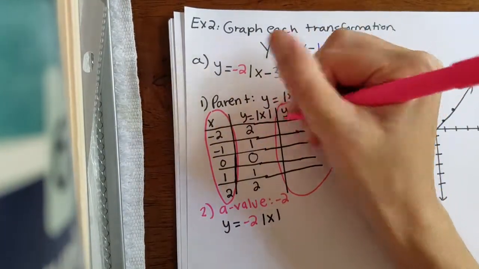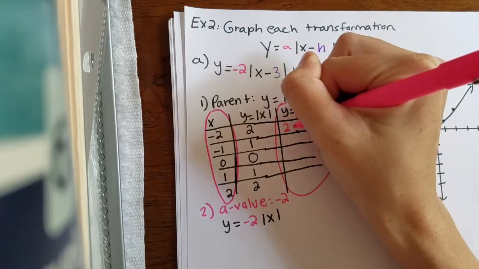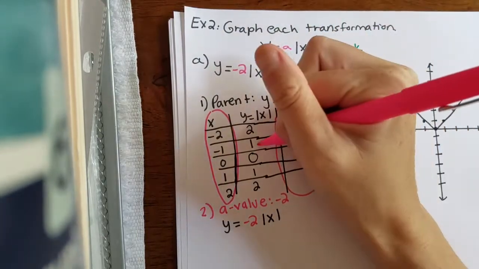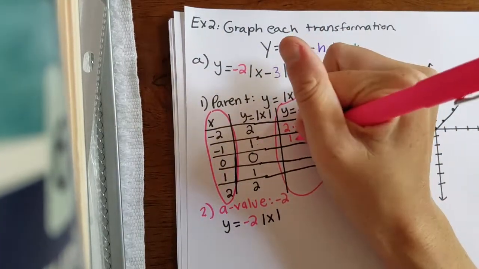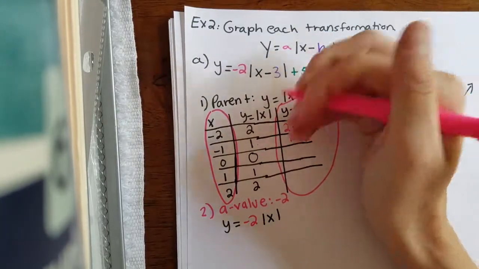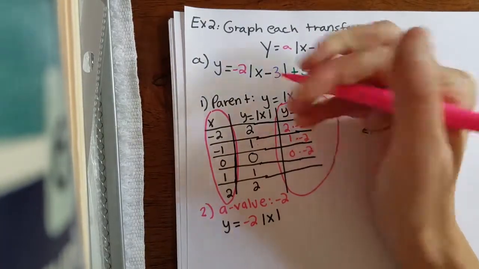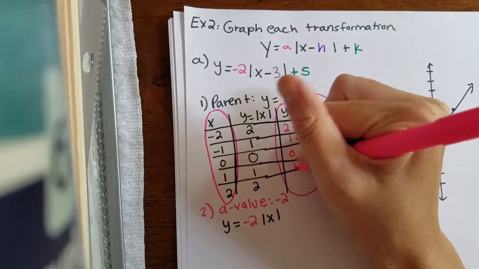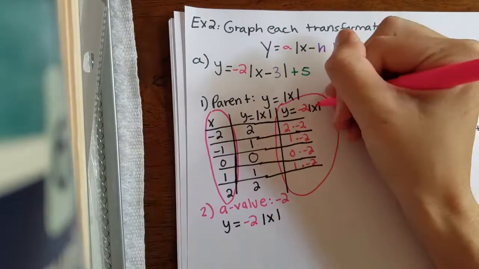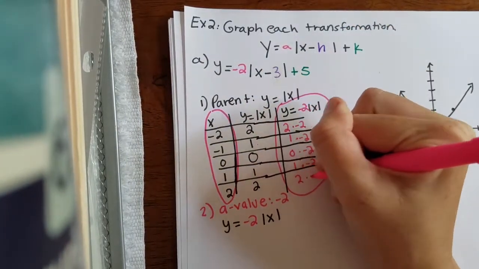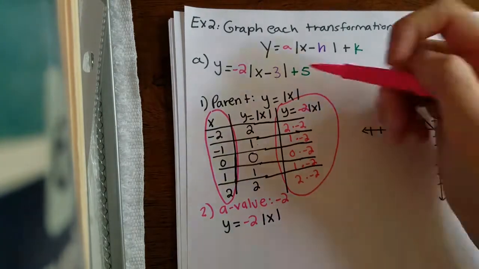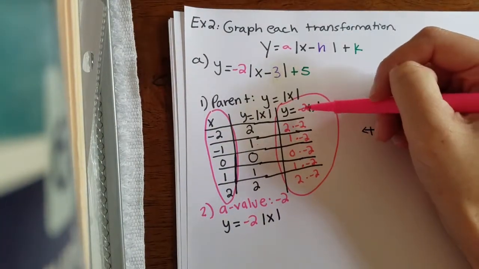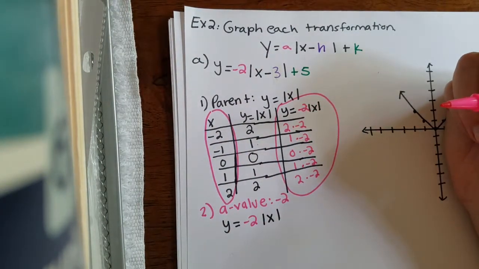So I'm going to say 2 times my negative 2. And I'm going to say 1 times my negative 2. 0 times my negative 2. 1 times my negative 2. And 2 times my negative 2. Okay, so we already found this part, so all I had to do is multiply all the values by negative 2.